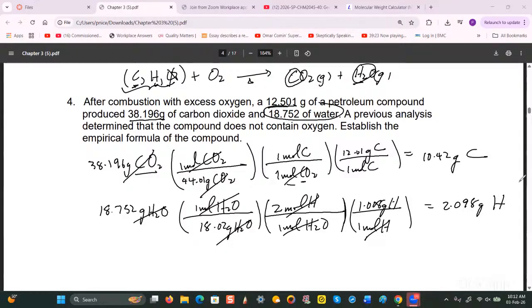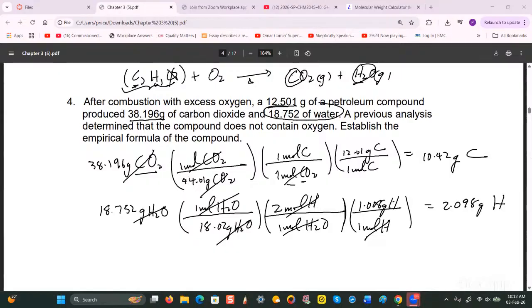Okay, so we have found the mass of carbon, we have found the mass of hydrogen. There are no oxygens present. Now, what you typically do if oxygen was present is add these two and subtract it from the original amount.